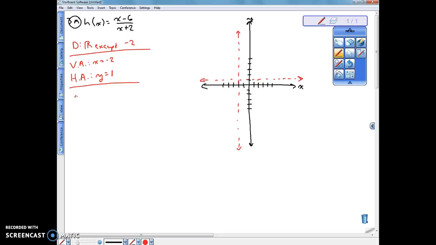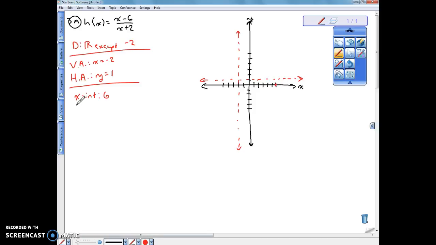And then we can look for our intercepts, which are not terribly difficult to find here. My x-intercept will be wherever the numerator is equal to 0, and that'll just be at 6, on the x-axis, right here.